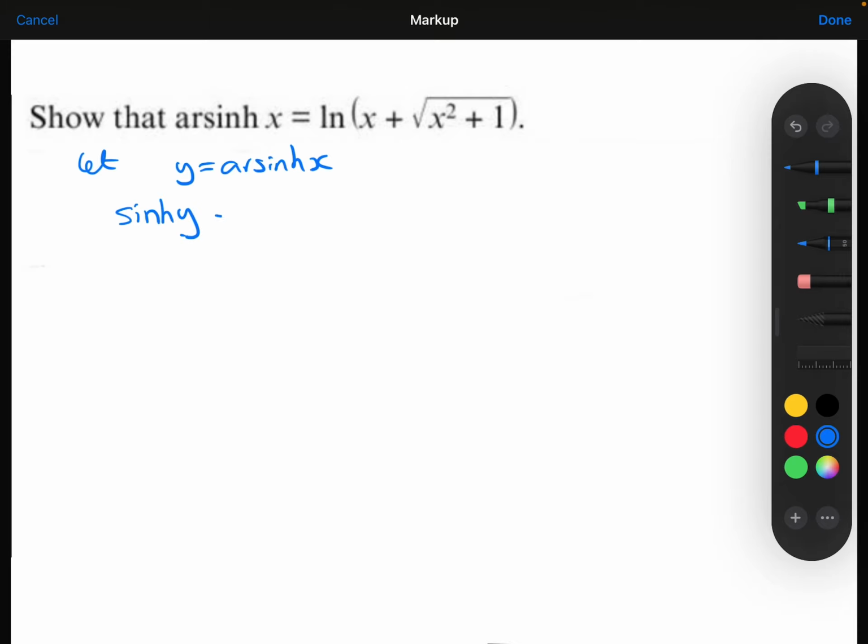So sinh y is equal to sinh arsinh x, which cancel out just to be x. That will allow me to use the exponential definition of sinh as e to the y minus e to the minus y over 2 equals x.